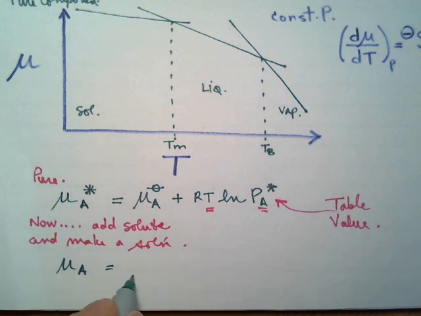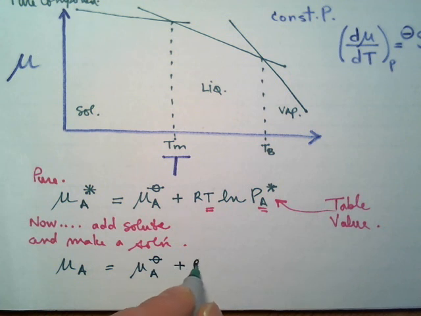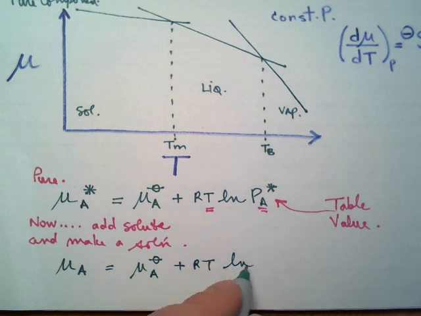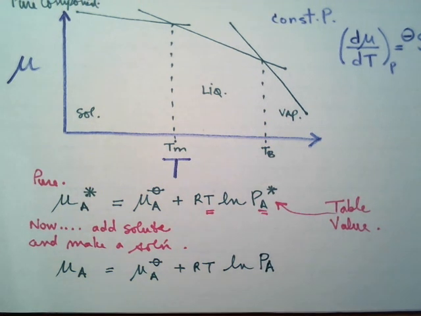But it's still always related to that same reference point, the standard, plus RT ln of, now it's not the vapor pressure of the pure component, but it is the partial pressure. Okay?